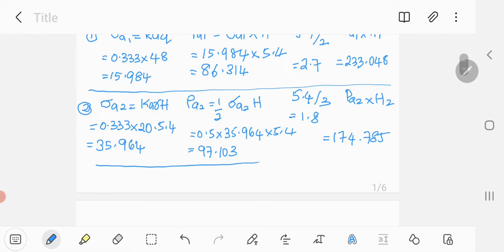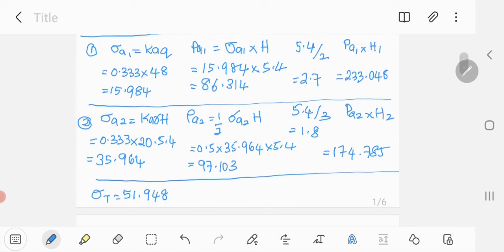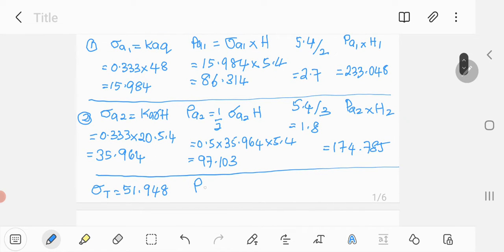Okay, this is not the end here. I suggest you calculate the total stress, which is stress A1 plus stress A2. So you get 51.948. And then for the active thrust, I suggest you get the total, which is PA1 plus PA2, which is 86.314 plus 97.103.